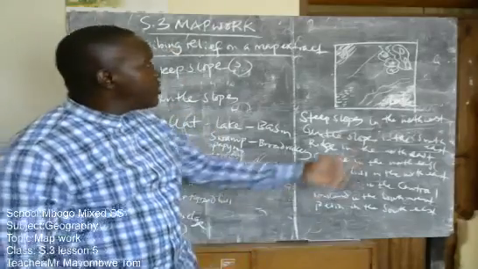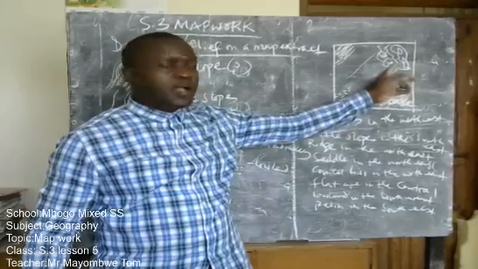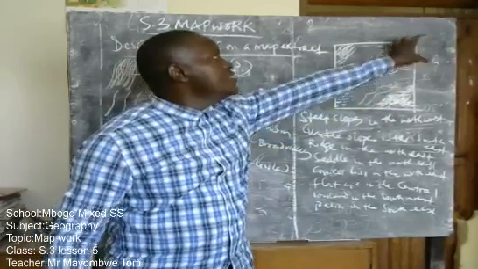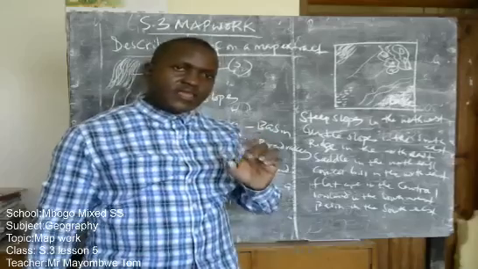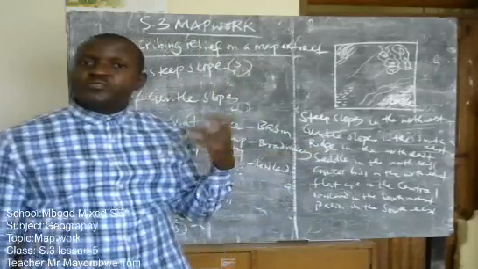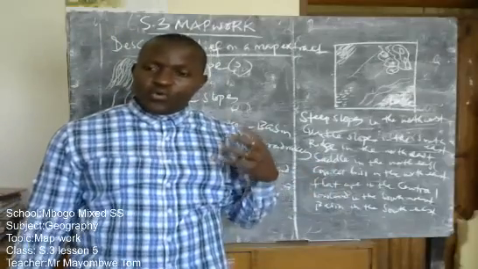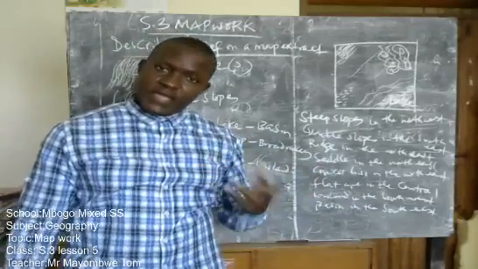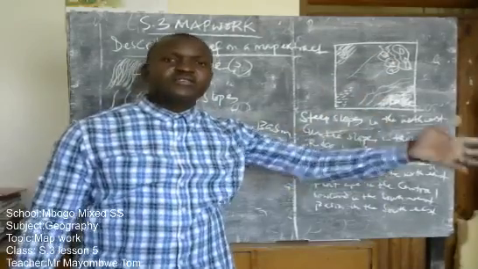So when I'm describing relief, I may also add another description here. I will say hilly area in the northeast. Why am I calling it a hilly area? Because it has got so many hills. That is why I'm calling it a hilly area in the northeast.